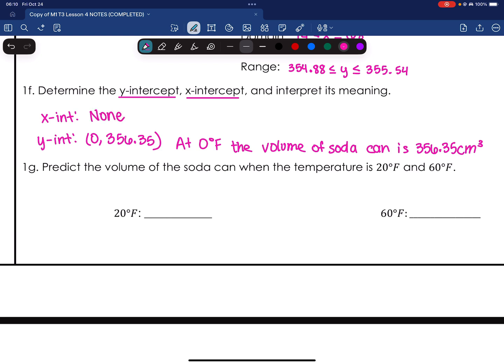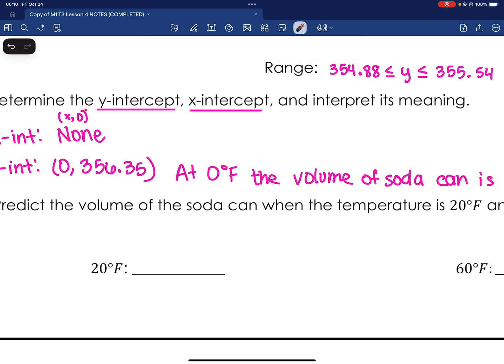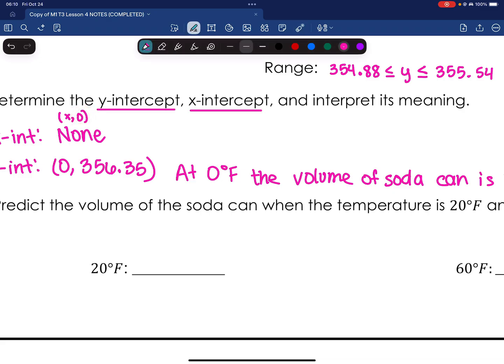Now, what we need to know is, what does that mean in the context of this problem? In the context of this problem, x-intercepts are written as x comma 0. So what that's telling us is that the volume of our soda can will never be 0. There is no temperature that would make the volume of our can be 0.